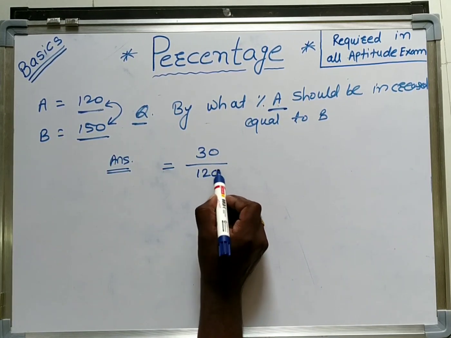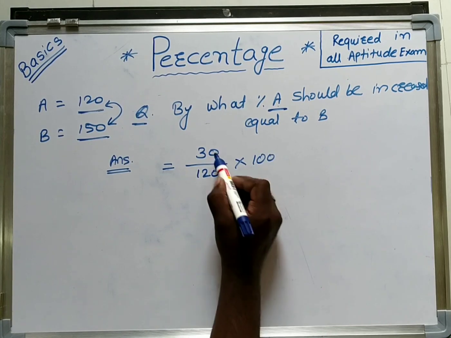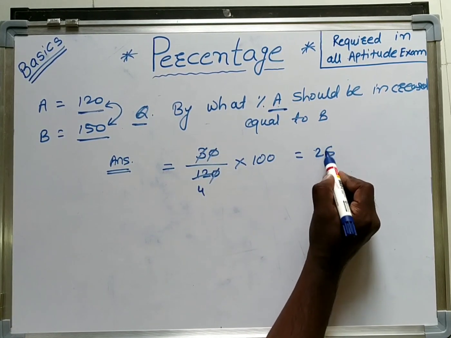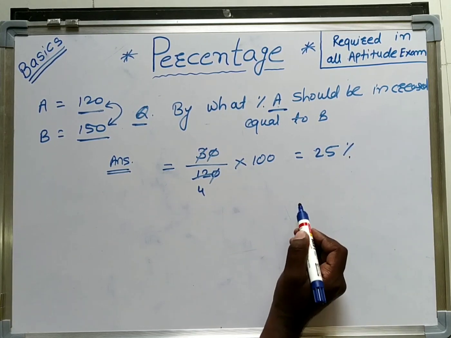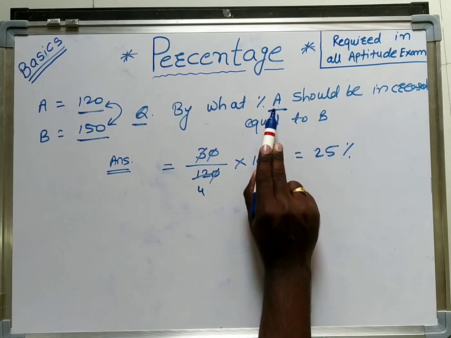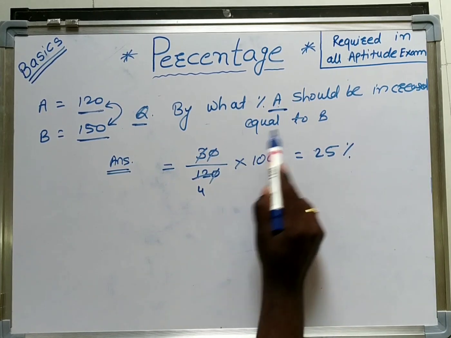That is 120, multiplied by 100. The zeros cancel, 3 4s are 12, and the answer is 25%. So A should be increased by 25% to equal B.